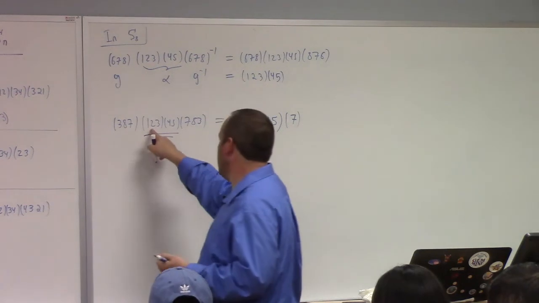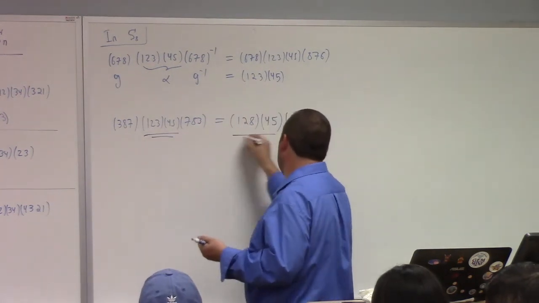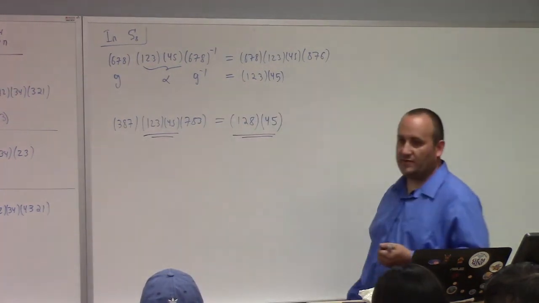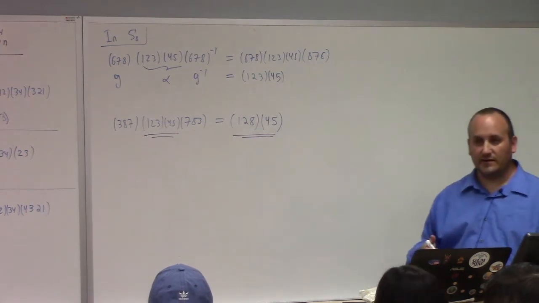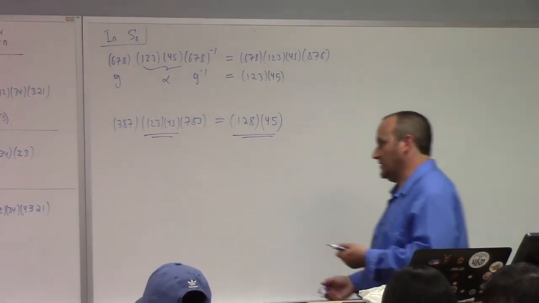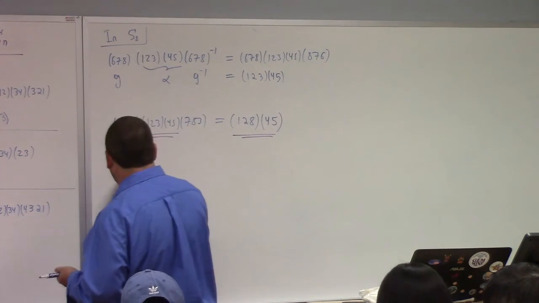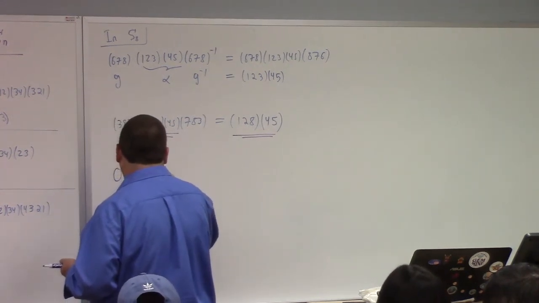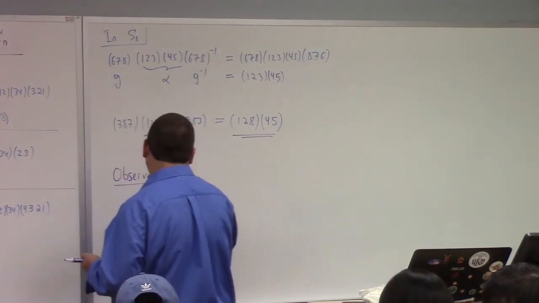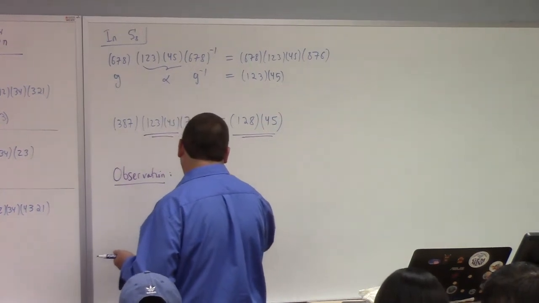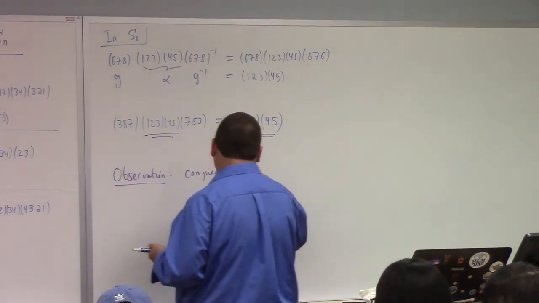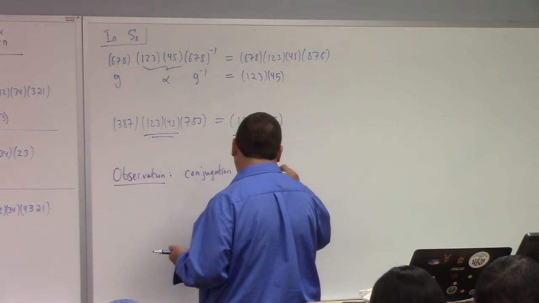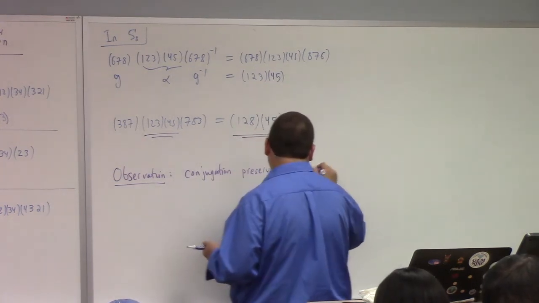We're taking a 3 cycle times a 2 cycle to another 3 cycle times 2 cycle. Not the same ones, right? But the larger point here, I'm trying to get you to make an observation. Here's the observation. Conjugation preserves cycle type.